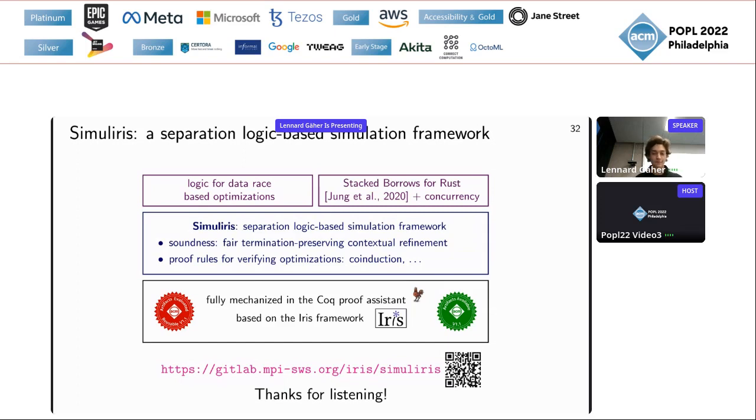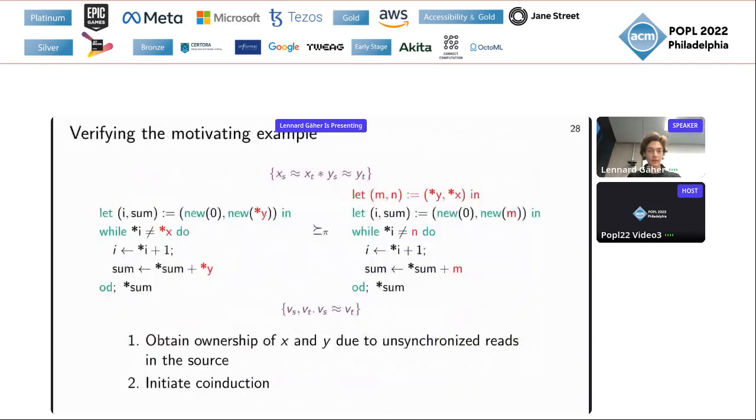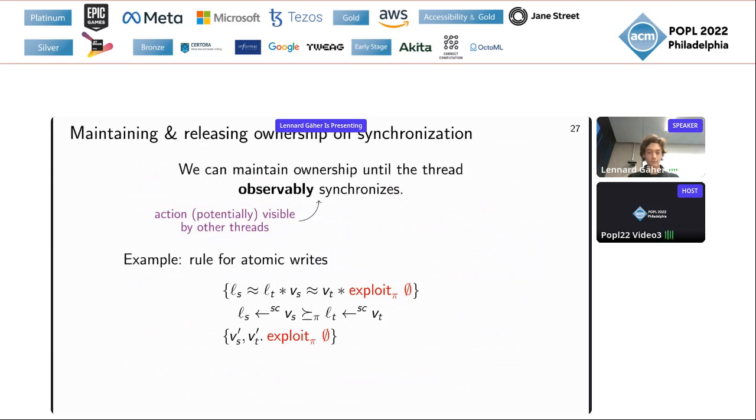Okay, nice talk. Unsurprisingly, I'm going to ask a weak memory model question, which is that your proof rule looks like it gives up all ownership at the point that it hits a synchronization barrier. Yes. And I was wondering, are there interesting optimizations, especially in languages like Rust, that this doesn't allow you to verify?